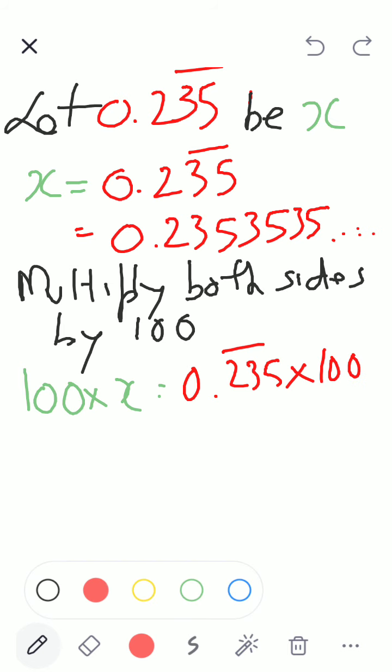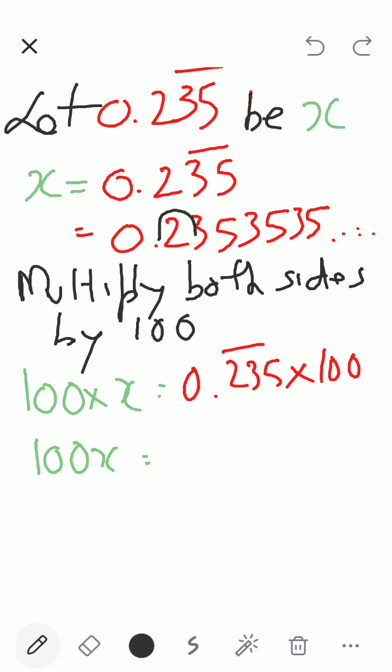So what happens when I put my 100x equal to what happens? 1, 2, 3. Yes, 0.235. Correct. So what happens when I multiply by 1000? The decimal shifts three places.